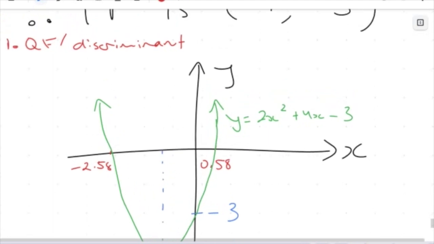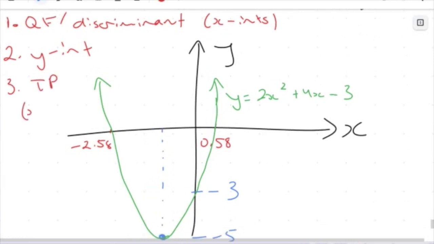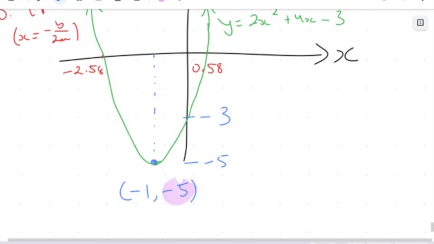And our quadratic formula gave us our x-intercepts. We found my y-intercept. And we found our turning point via this process of finding the x-coordinate of my turning point, which is x equals minus b on 2a, and substituting that back into the equation of the parabola to find the y coordinate of that.